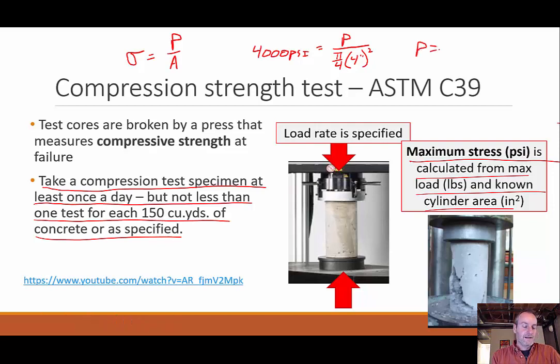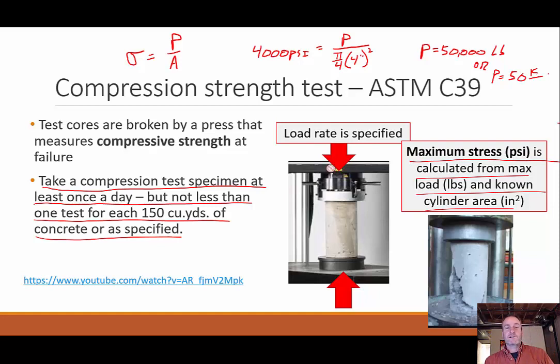Solve for P, and we end up with an overall force of about 50,000 pounds, or we could say P is equal to 50 kips, right?